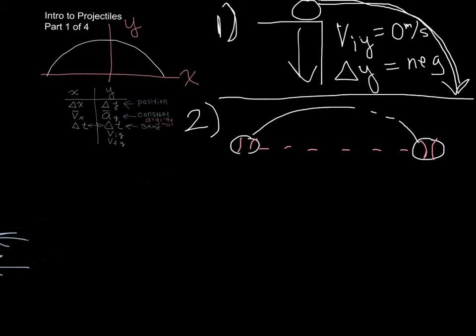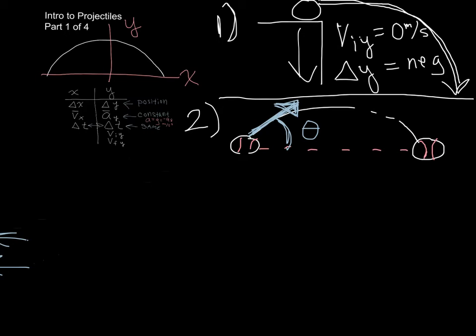So the idea here is now we actually have something that's being launched at an angle, and this is where all of our trigonometry is going to come in handy, because we're going to need to figure out what angle it's being launched at. We'll get into more detail with how that works in our next couple videos.